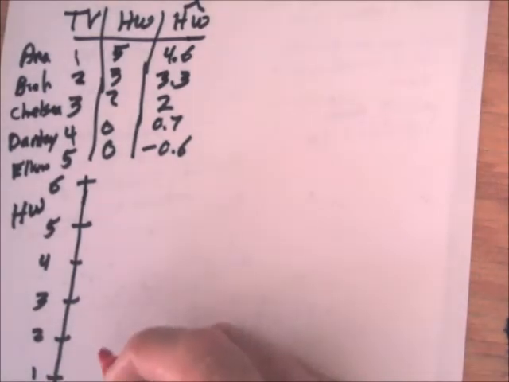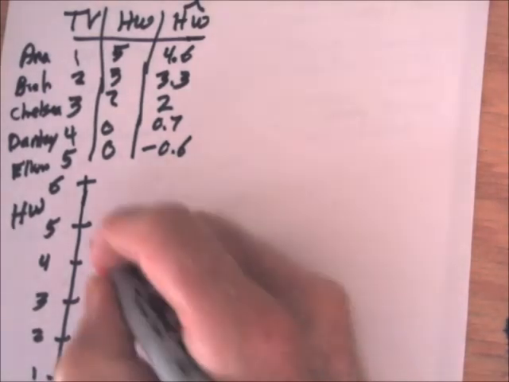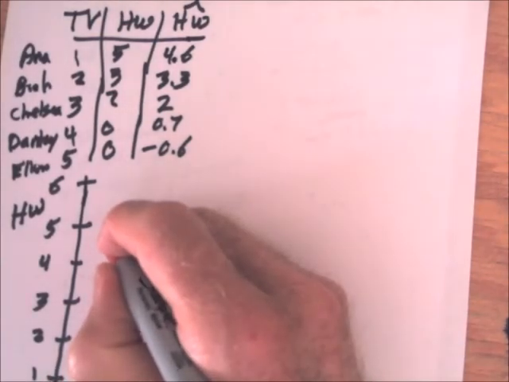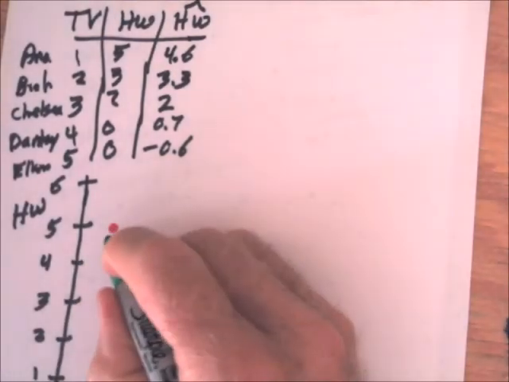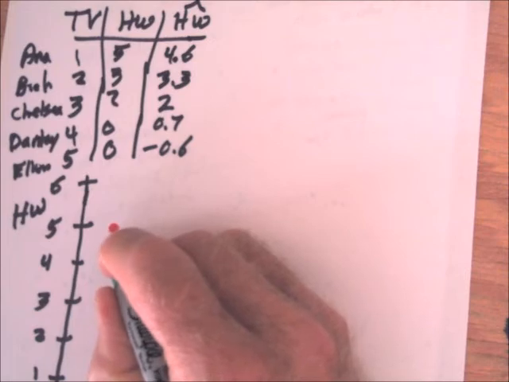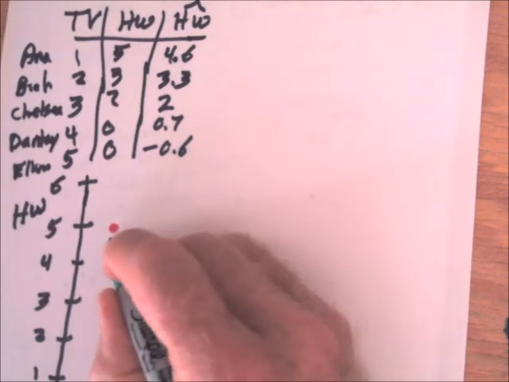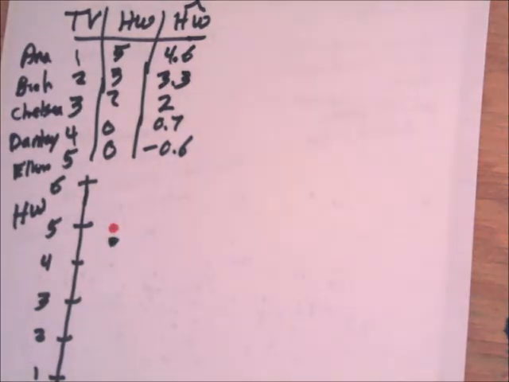So for Anna, Anna spent 1 hour on TV, 5 hours on homework. So I'll put a red dot there. That was the actual homework. The predicted homework was a little bit less than that for Anna. It was 4.6. Put a green dot there for that. That's the predicted.